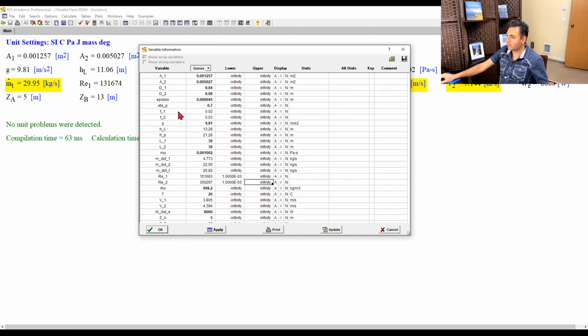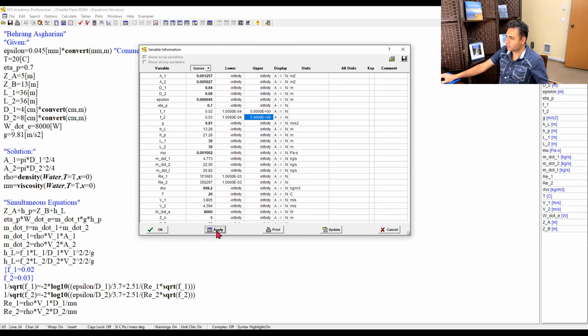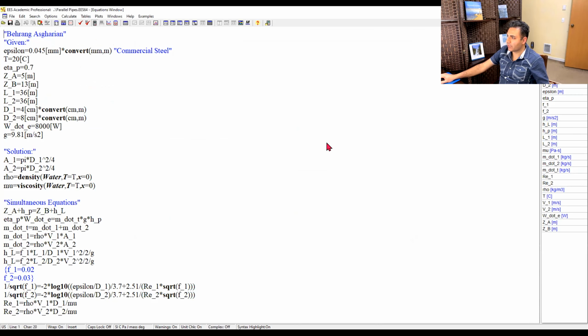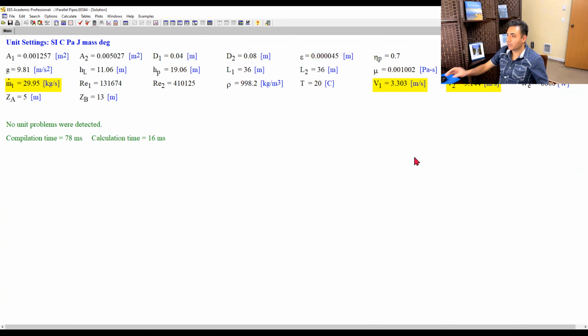And for friction factor, I can keep these as the guess values. You see the guess values are still the same as for the previous fixed solution. Then here I can say 0.001 to, let's say, 5 or something. It can't be 0. Then you apply this, run it, and you're going to get the solution.